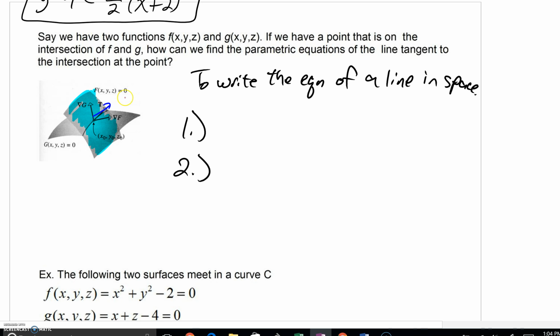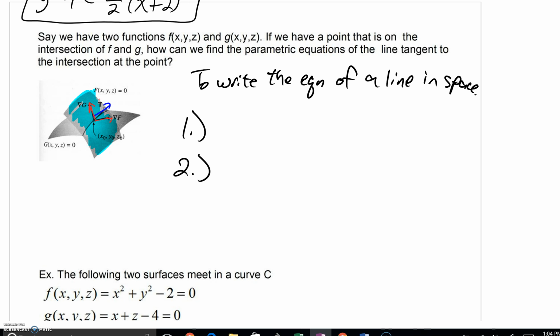Well, as you saw before, the gradient, guys, was the vector that would be perpendicular to a tangent plane.